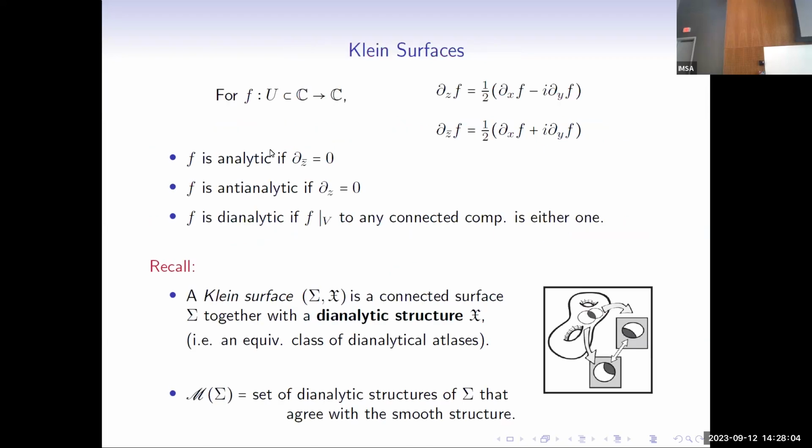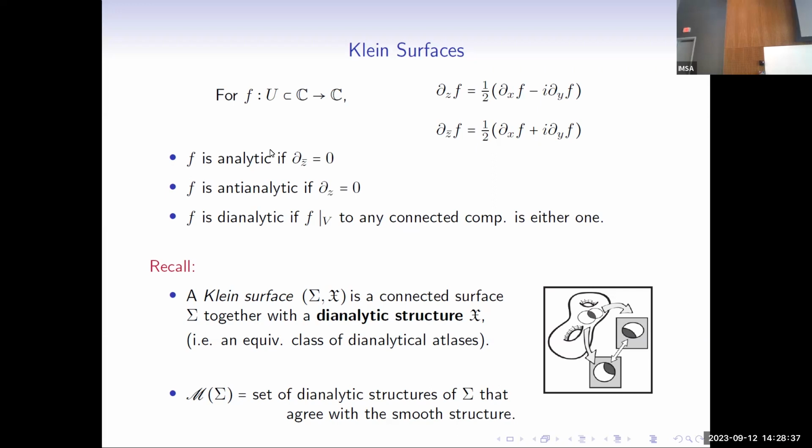So the way one tries to approach this is by looking at Klein surfaces. Klein surfaces are modeled after Riemann surfaces, but apart from having analytic changes of chart, you also need complex conjugation. This is the concept of a Klein surface.